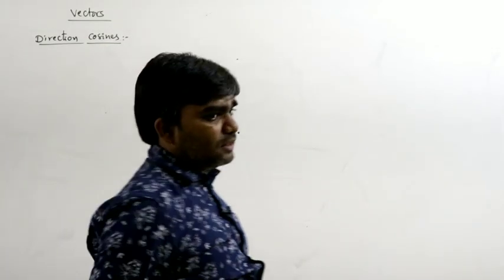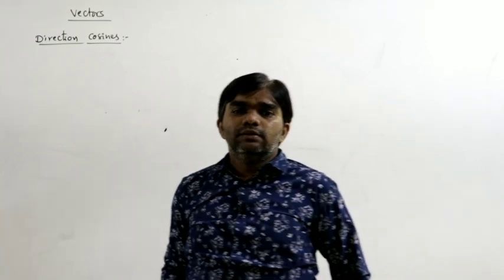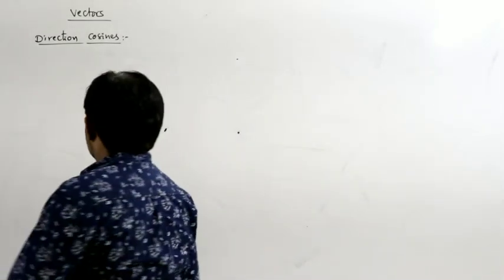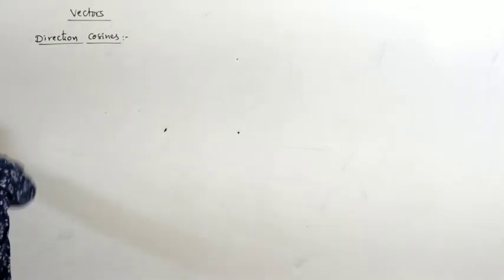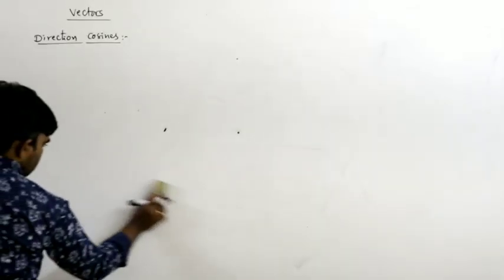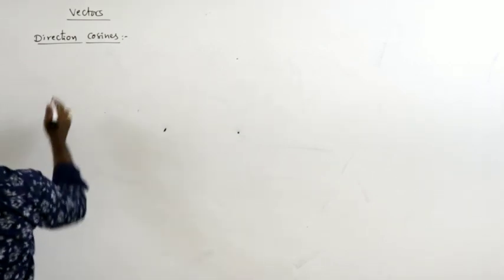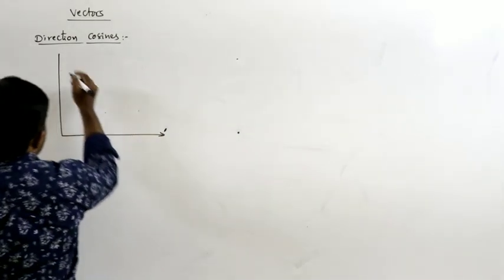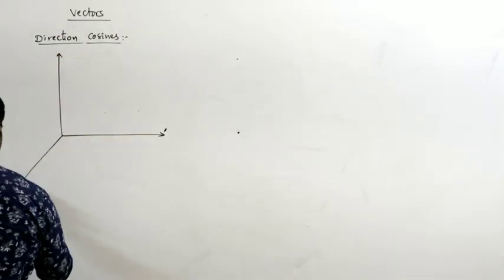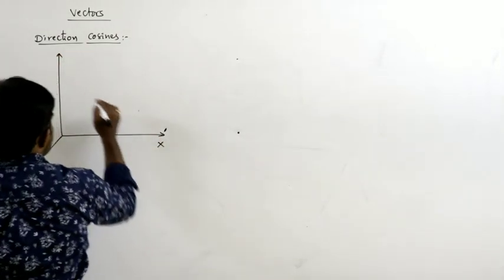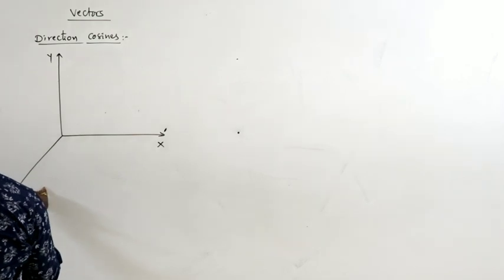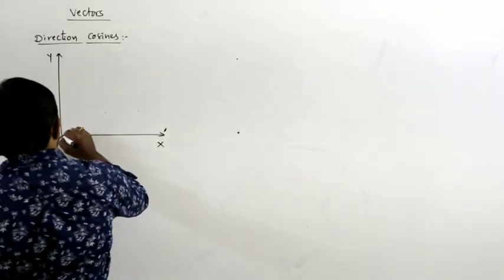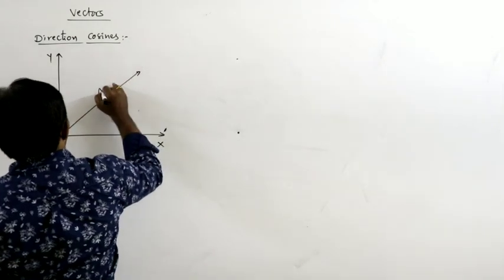How can we calculate the direction cosines? For example, we have to consider a 3-dimensional plane, with x axis, y axis and z axis. Let us say this is the vector A bar.